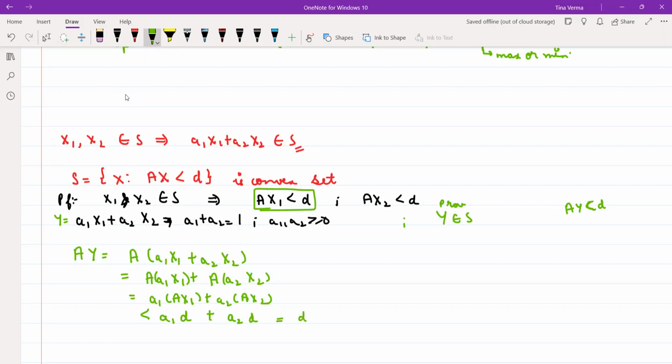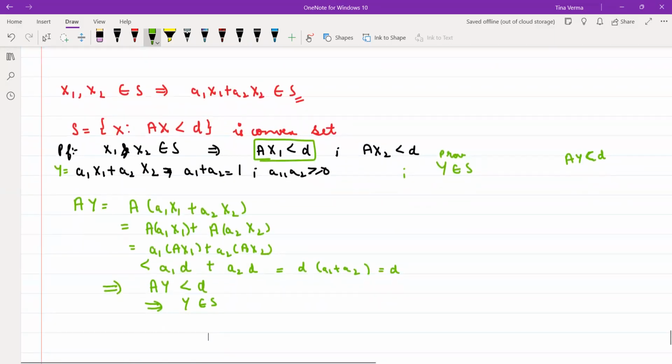Can I take d common? a1 plus a2, what is their sum? 1. So this equals d, which implies Ay is less than d, which says that y belongs to S. And y was nothing but a1 x1 plus a2 x2, so it also belongs to S. Is it clear? So your set S is a convex set. Thank you.